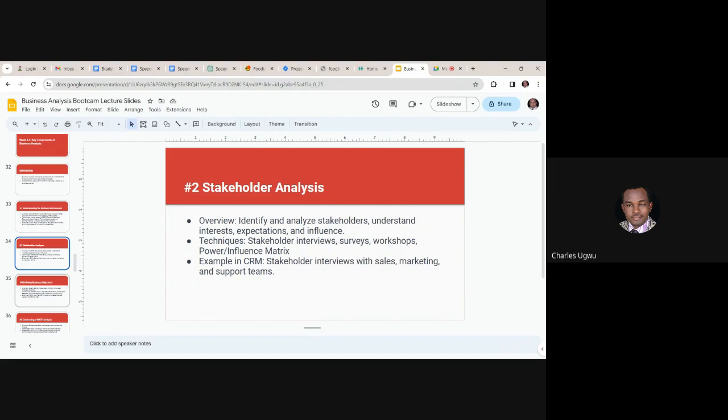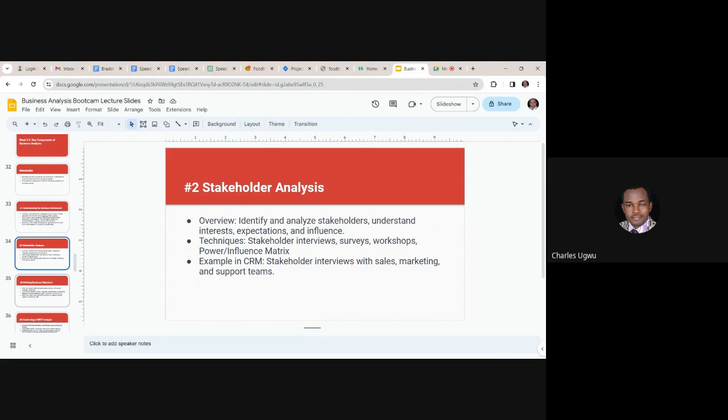Identify and analyze stakeholders, understand their interests, expectation, and influence. If you do not understand your stakeholders, this is the beginning of failure in both project management and business analysis. Because the stakeholders hold the 4 A's of your project.